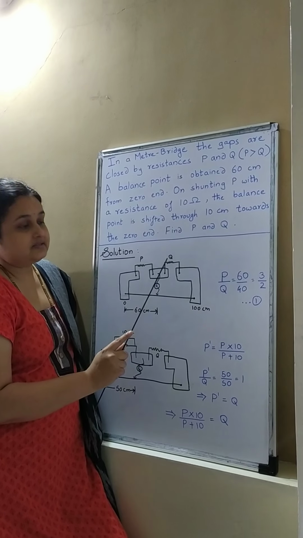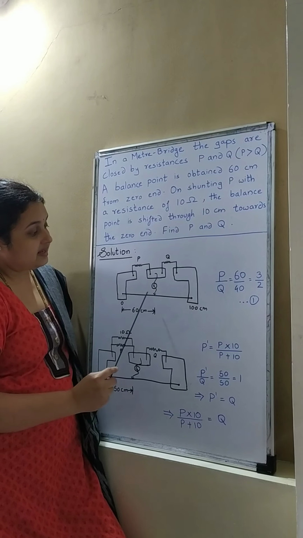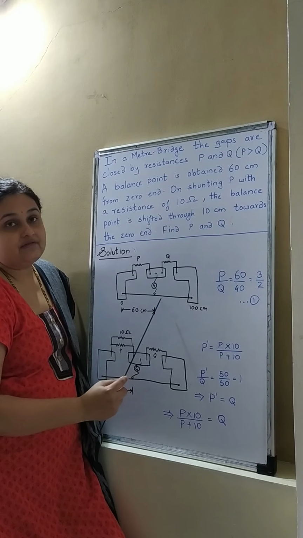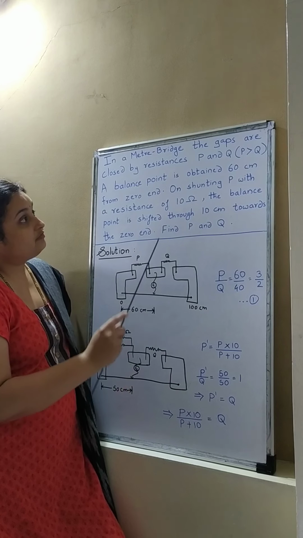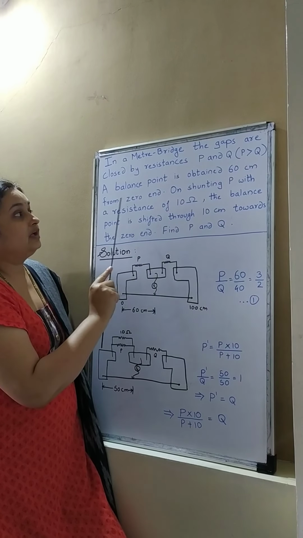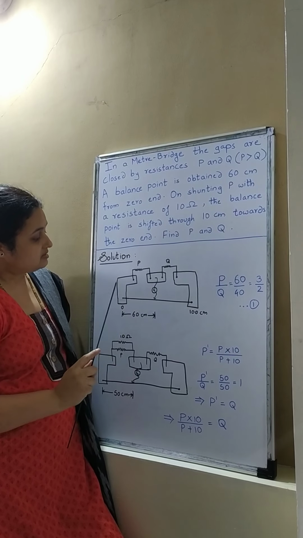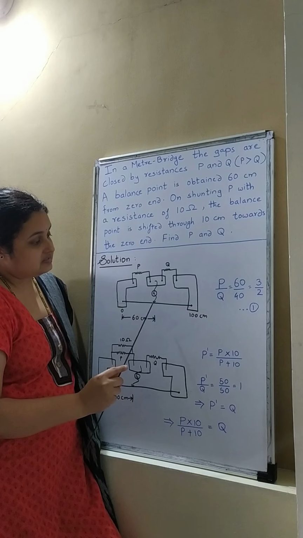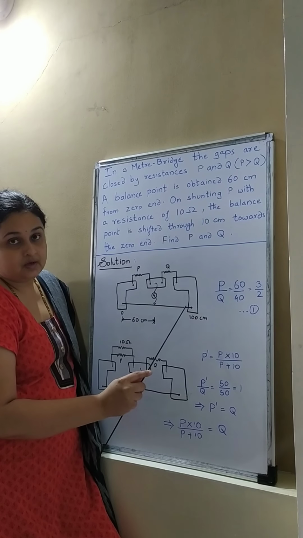What will this tell us? That the balancing length, the wire on this side, has to be more than the wire on this side. If the balance point is obtained 60 centimeter from zero end, it means the zero end should be over here and this wire should be 60 and this should be 40. Why?